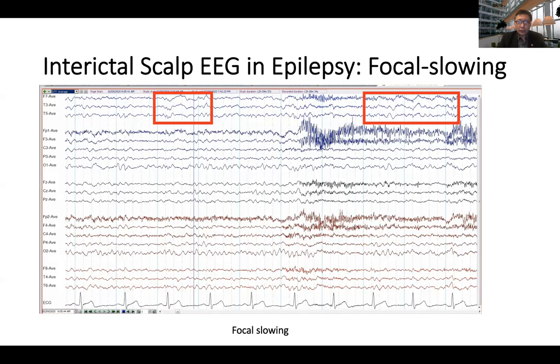Interictal scalp EEG in epilepsy can also show focal slowing. For example, this EEG in an epileptic patient shows focal slowing, in this case over the left temporal area.